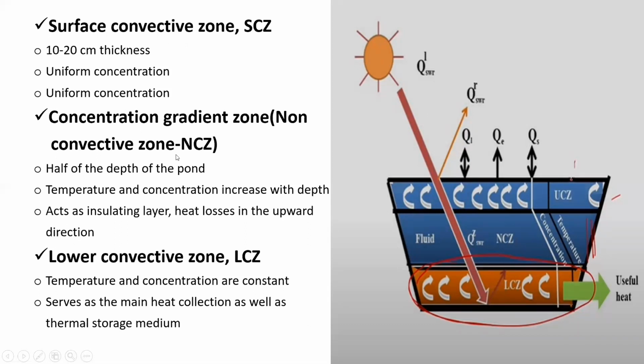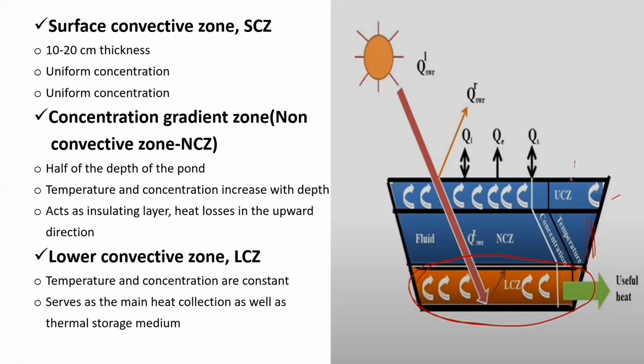The next is the concentration gradient zone, or non-convective zone, which is half of the depth of the pond. The most area or volume is the concentration gradient zone.